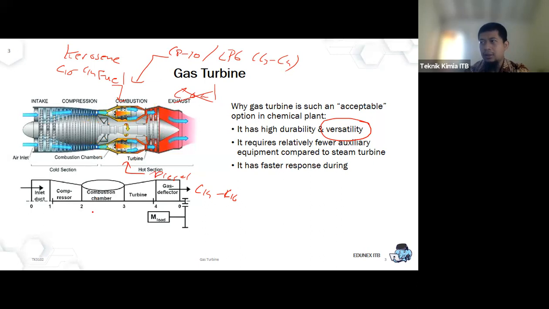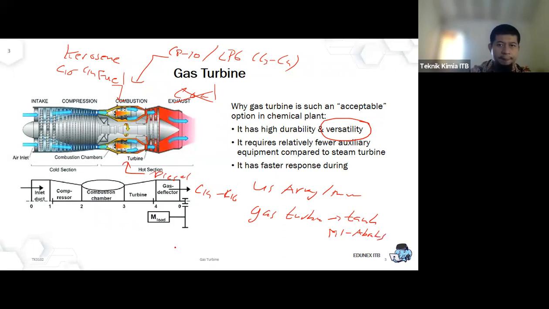That's why the U.S. Army, Marine, and Air Force, the Armed Forces, use gas turbine in their tanks. The M1 Abrams uses gas turbine instead of diesel.